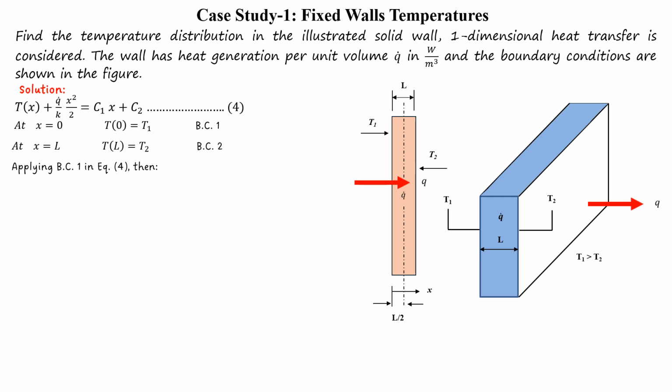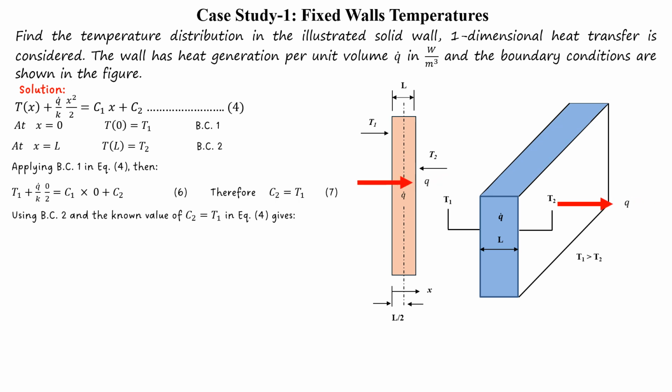Applying boundary condition number 1 to the magic equation number 4 yields C2 equals T1. That means you substitute x as 0, and the temperature is T1, so this yields C2 equals T1.